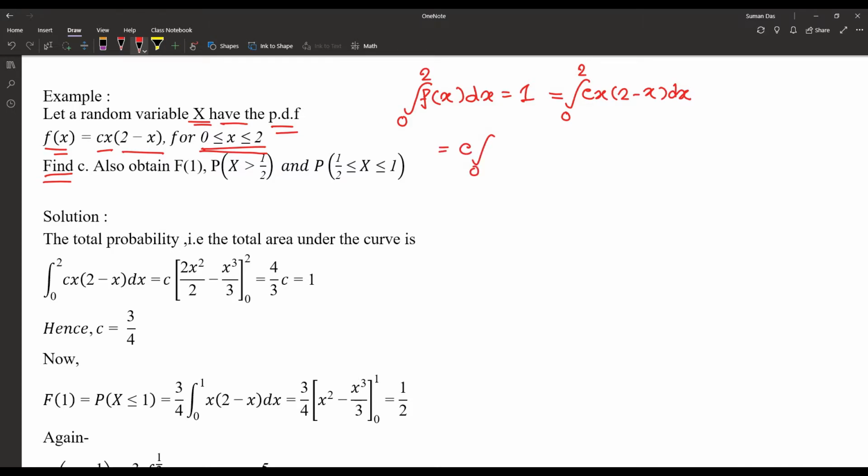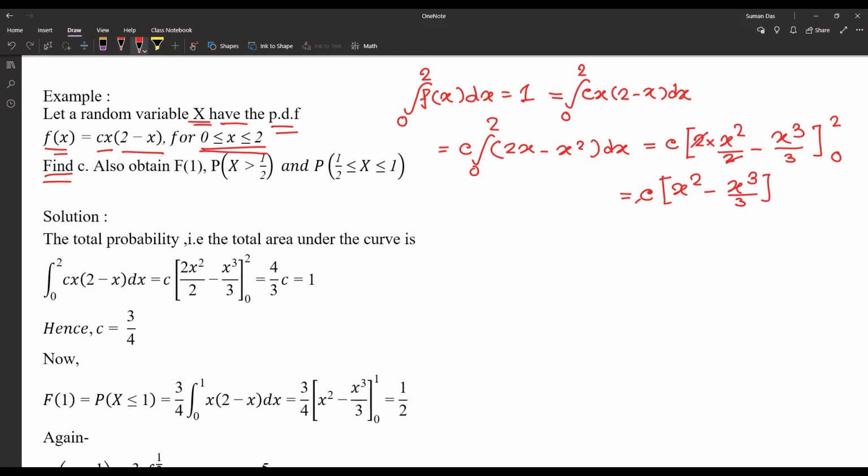Taking c as common, from 0 to 2 of (2x minus x square) dx, and after integration we get c times [2 into x square by 2 minus x cube by 3] from 0 to 2. That is c into [x square minus x cube by 3] from 0 to 2, which is 2 square minus 8 by 3, or c into (4 minus 8 by 3), or c into 4 by 3, and that is equal to 1.